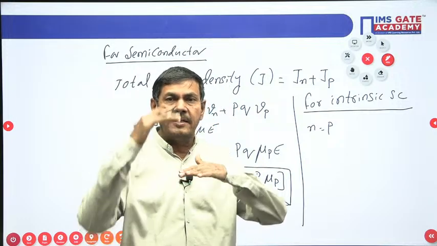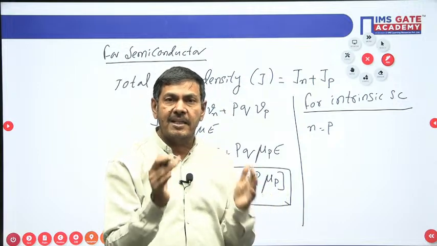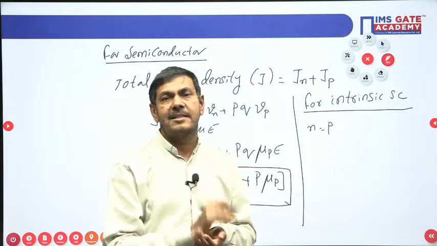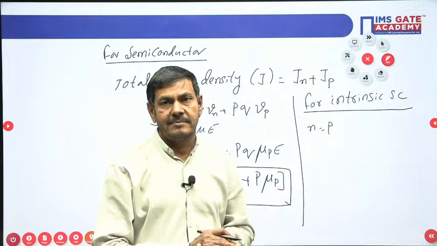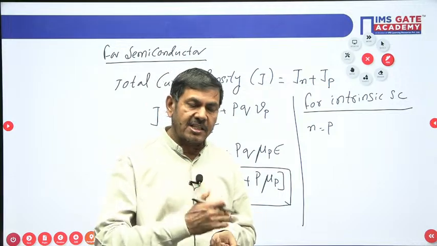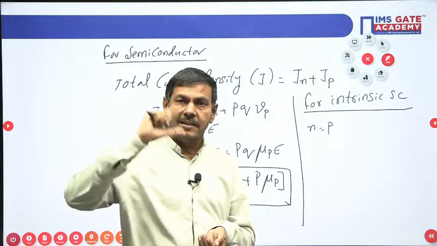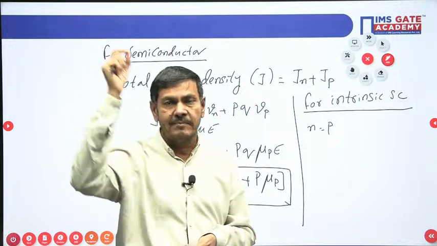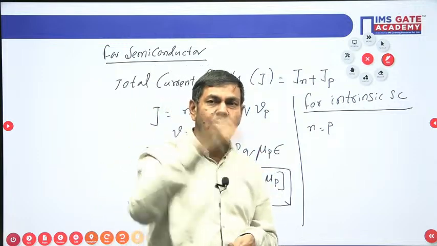There is a valence band, and next to it the conduction band. Initially all the electrons are in the valence band. When temperature is given, covalent bonds are broken and electrons are liberated from the valence band. They do not stay in the forbidden energy gap; they go directly to the conduction band.